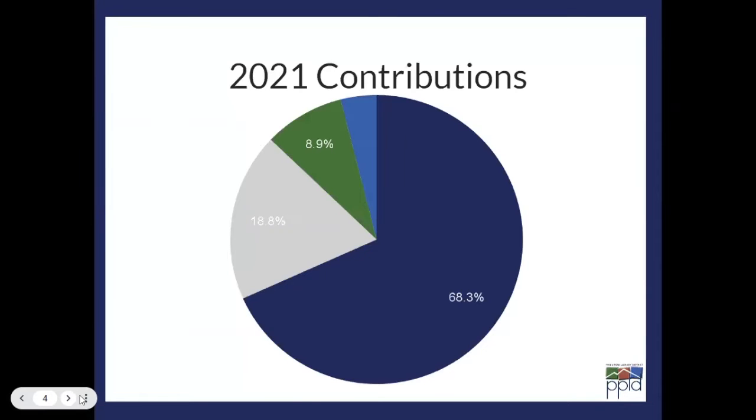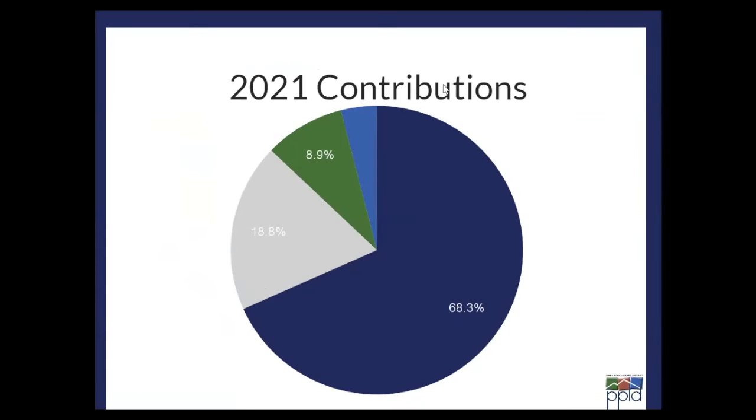So here we've got this great pie chart, and I like to show this pie chart to folks because I want you to just take a look. We've got this enormous piece, almost 70%.